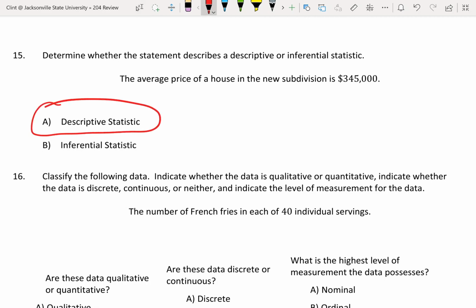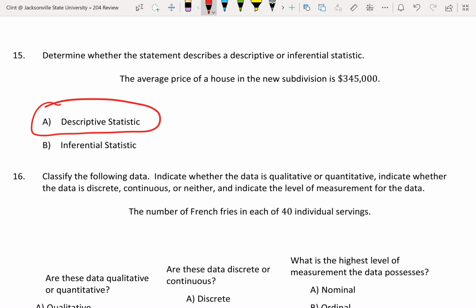Okay. Remember, inferential statistics have another step in there. An inferential statistic uses descriptive statistics to make an inference, to draw some type of conclusion, to make an estimate about population values. So in order for this one to be inferential, it would have to say something like, based on the survey data of 140 houses in the area, the average price of all houses in the area is blah, blah, blah.